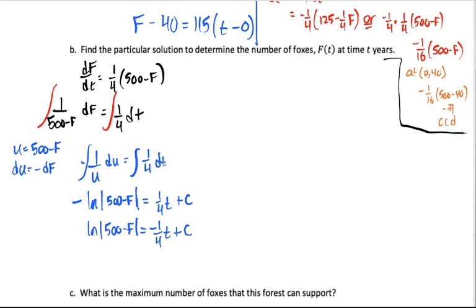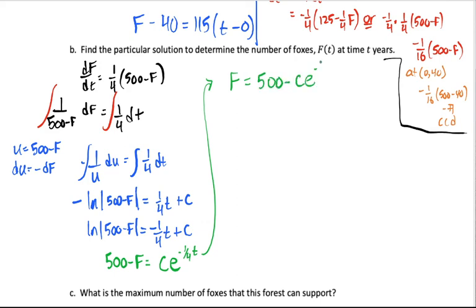So let's flip the forms around. So we're going to have 500 minus f equals our c e to the negative 1/4 t. All right, and if we just rewrite this as, I'm going to add the f and subtract the ce business, we will have f equals 500 minus ce to the negative 1/4 t.